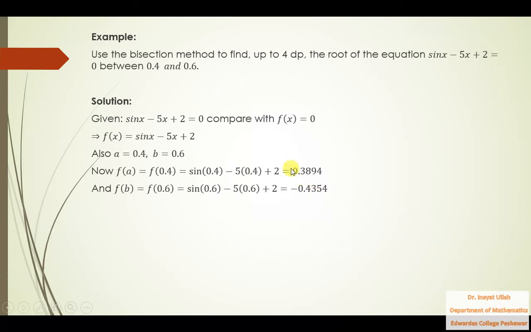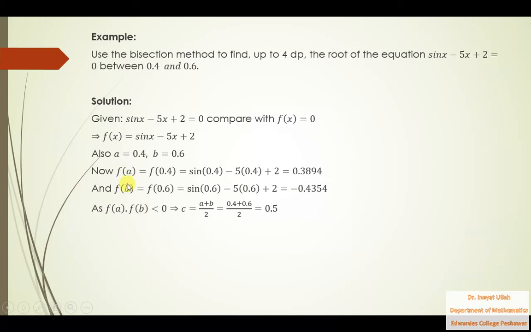We see that the signs of f of a and f of b are different, plus and minus. So it means that the root lies between 0.4 and 0.6. Whenever we multiply f of a with f of b, we get a negative sign, because plus into minus is negative.